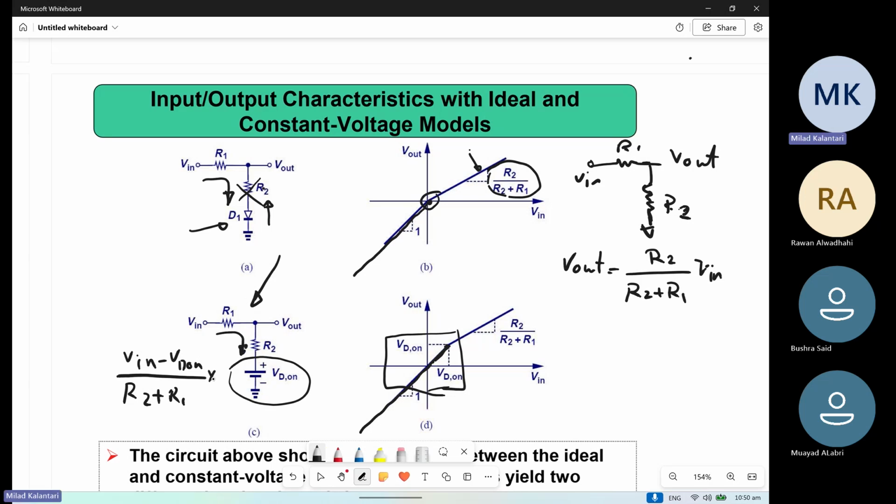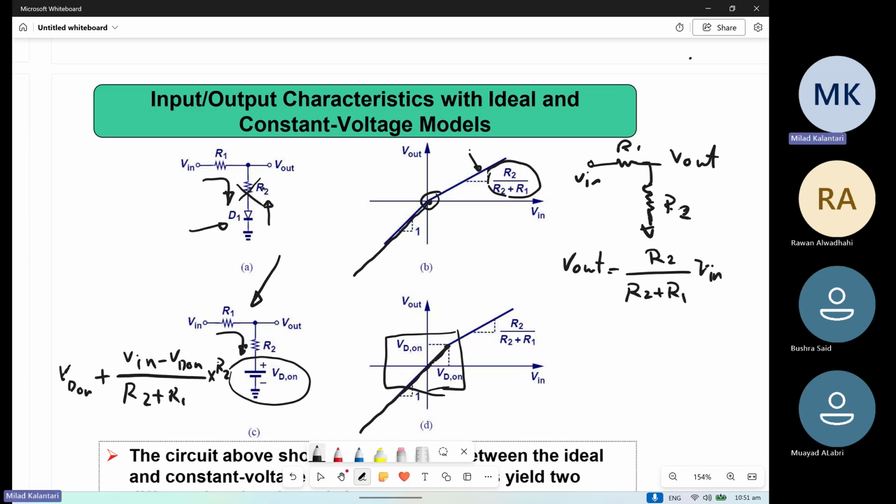And then times R2 is the voltage of the R2, right? But the final output is what? The final output is plus VD on. So you see, just from here to here, it's a little bit more complex. V in minus, yes.